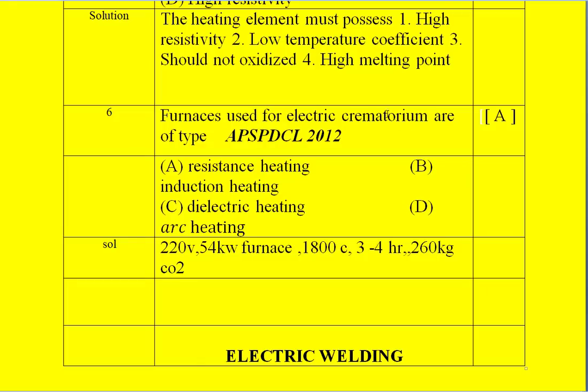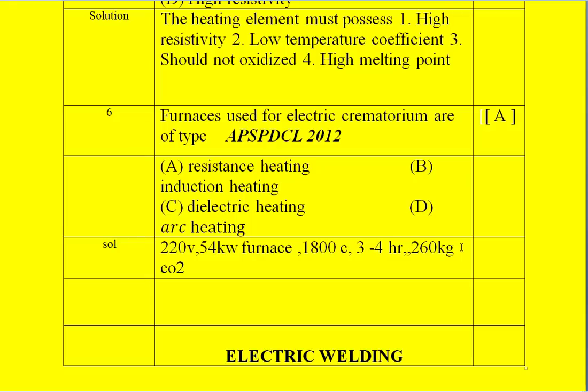Its rating is 220 volts, 50 kilowatts, and its operating temperature is 1800 degrees centigrade. To complete the process of burning of the dead body, it requires 3 to 4 hours, and it produces from each body 260 kg carbon dioxide into the atmosphere.